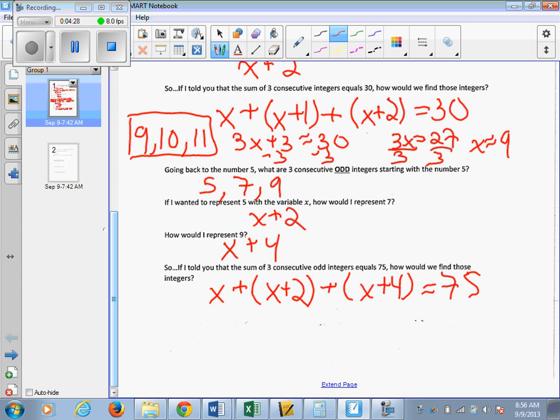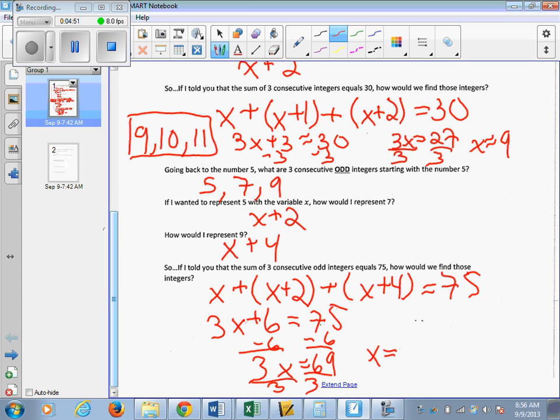So if we combine our like terms, we get 3x plus 6 equals 75. To solve for x, we subtract 6 from both sides, and we get 3x equals 69. Now we're going to divide by 3 on both sides. We get x equals 23.